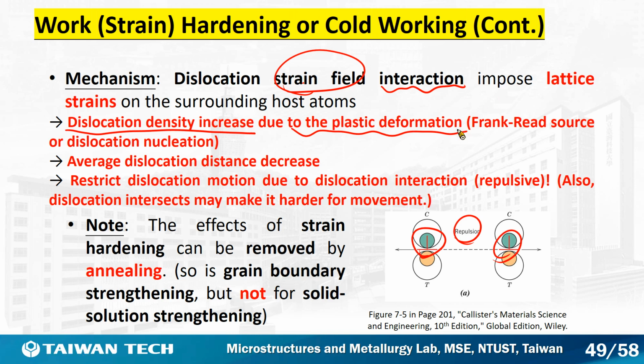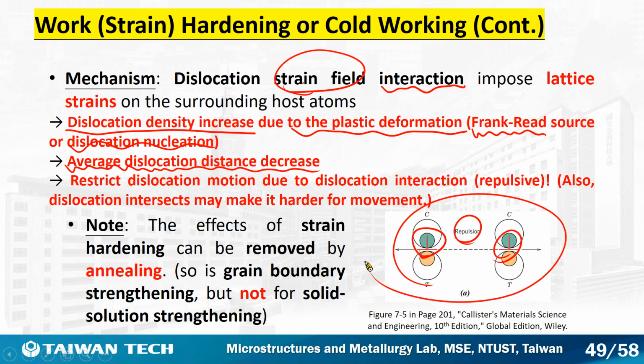And the mechanisms, we can describe by the Frank-Read source or the dislocation nucleation mechanisms. And when the dislocation density increased for a certain area, the average dislocation distance will decrease. So you will see them more often under these conditions. And it will restrict dislocation motion, right? Because they will experience repulsion to each other due to the dislocation interactions.